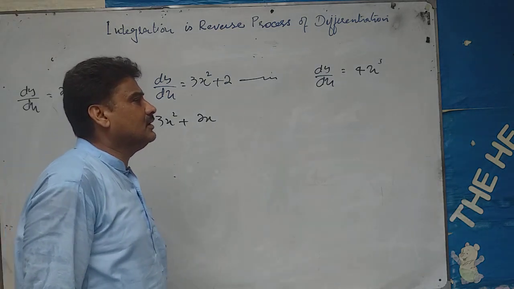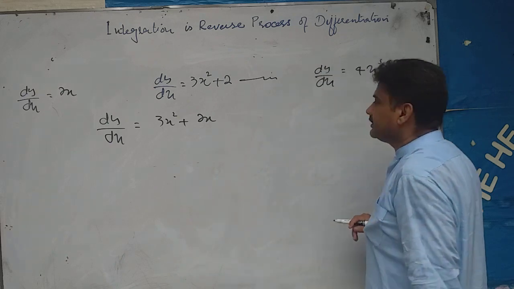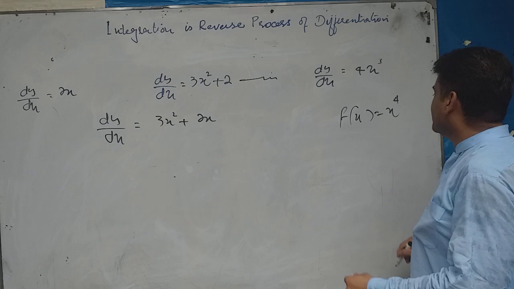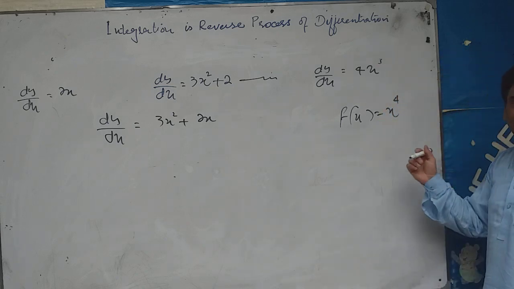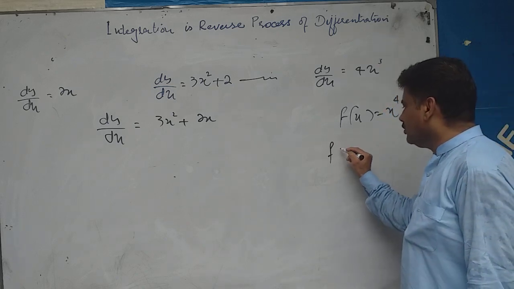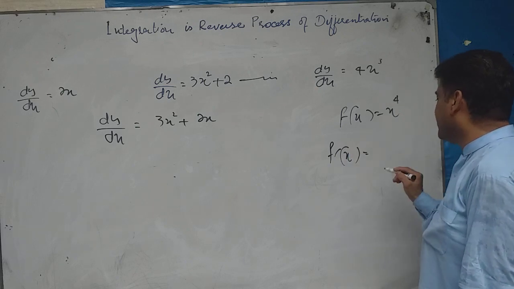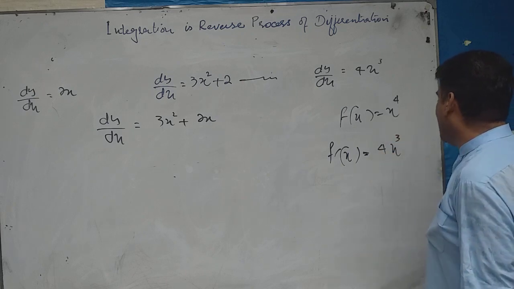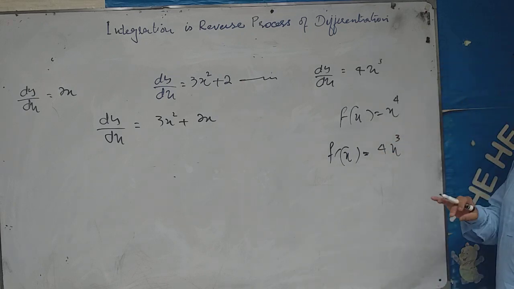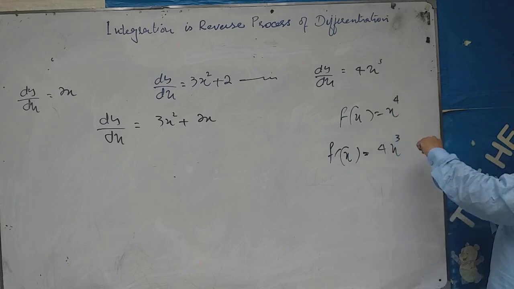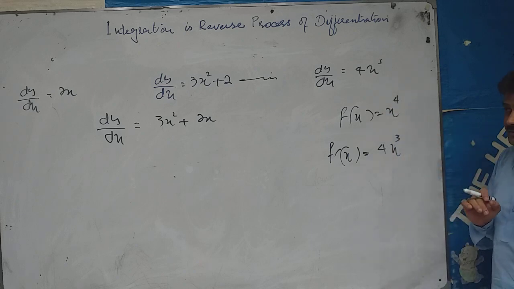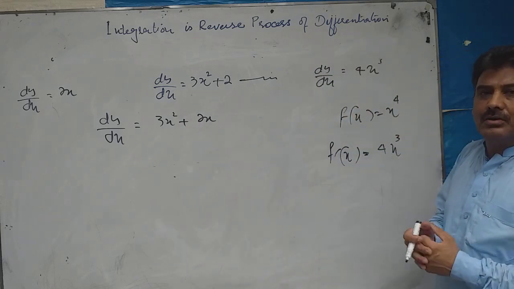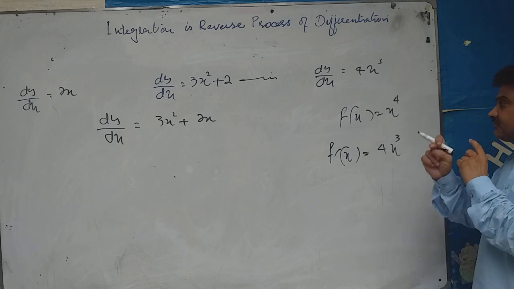For example, in differentiation, when we find the derivative of the function f of x equal to x raised to power 4, we apply the power rule. Its first order derivative or gradient function becomes 4x raised to power 3. We multiply the function by the power of the function and then decrease the power by 1. But in integration, we have to do a process which is the reverse of differentiation.